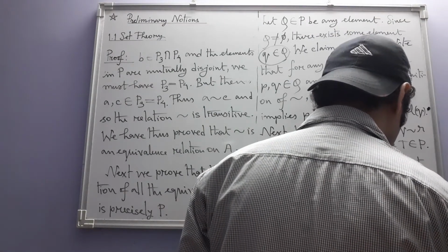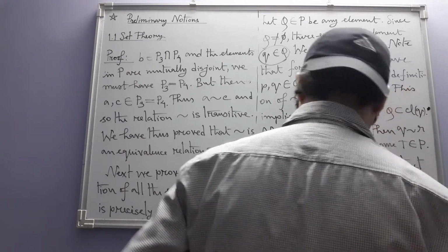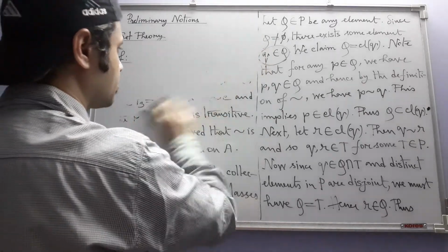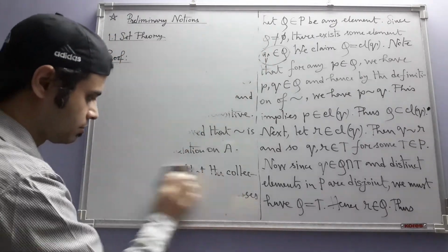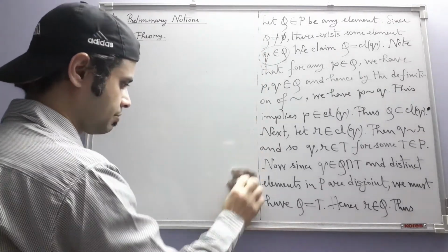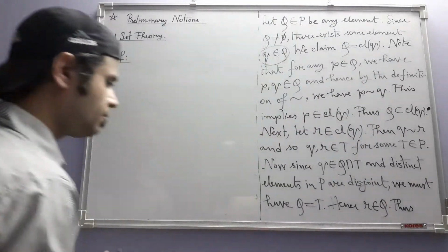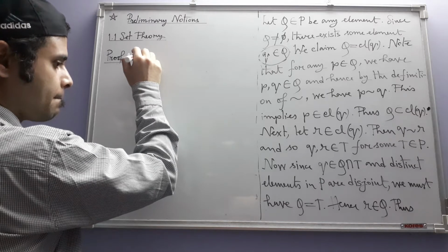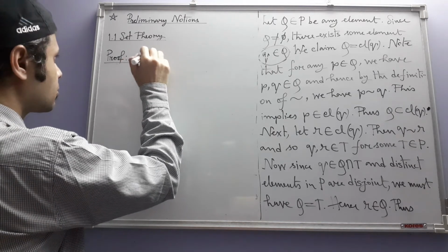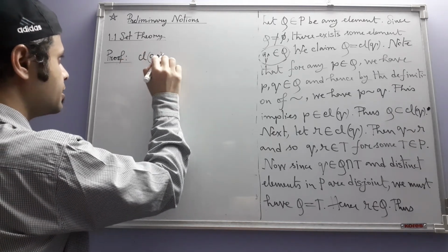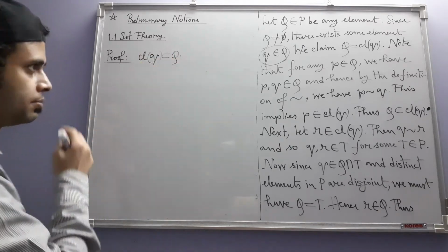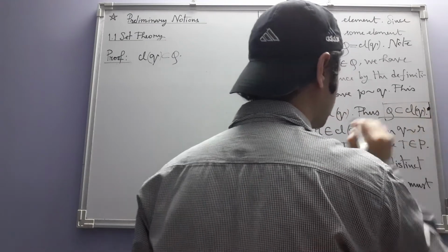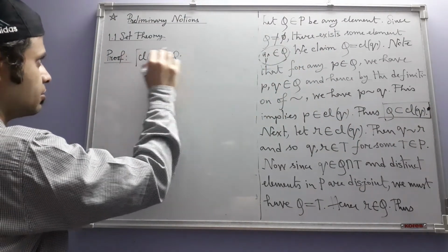Thus, class of q is a subset of Q. So now we have these two inclusions, these two containments.